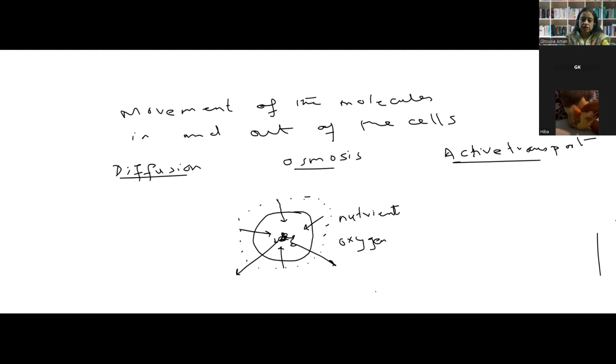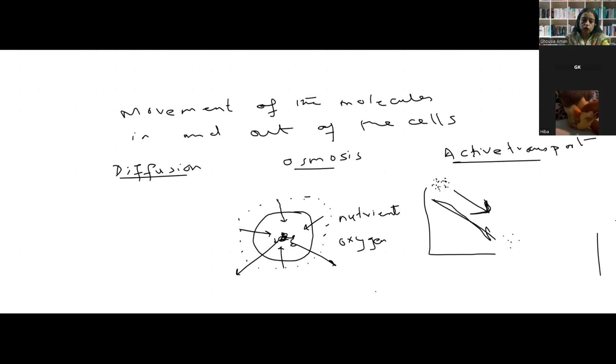High concentration means the higher point of the slope, and lower concentration means the lower part of the slope. If the particles are at a higher concentration at one place and lower concentration at another place, they will simply flow down. So we say the particles are moving down the concentration gradient.